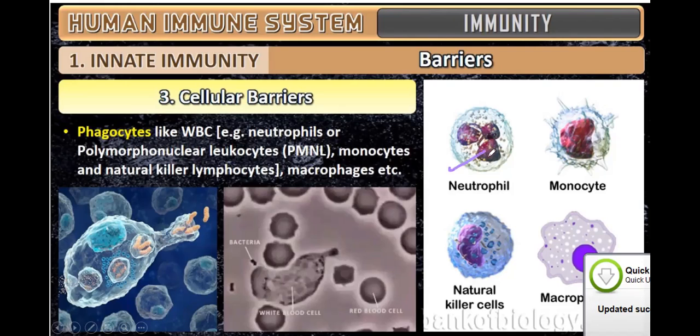They will kill the pathogens entering our body. So this is a bacterium, and this is a white blood cell. Ultimately it will come and engulf this bacterium. These bacteria are engulfed by these macrophages.